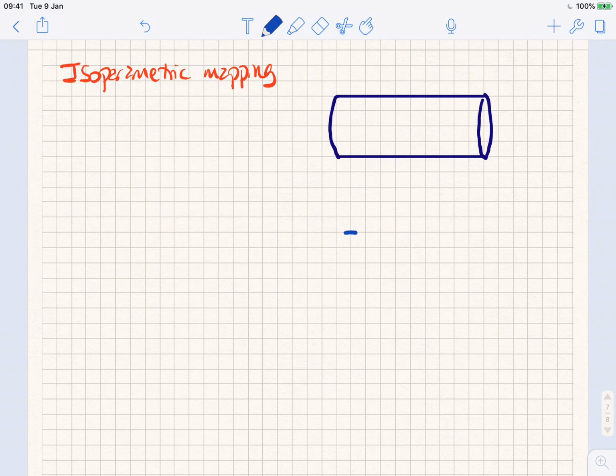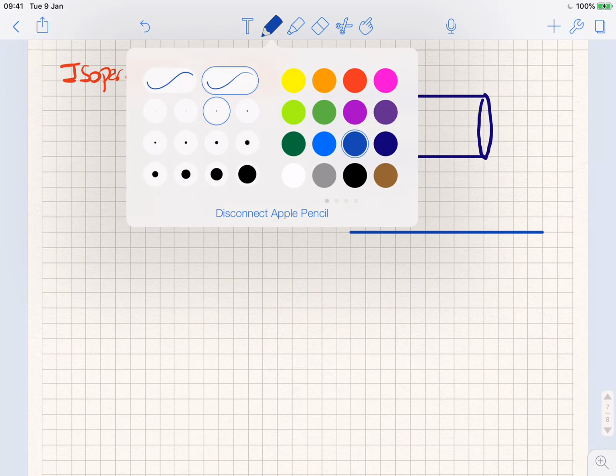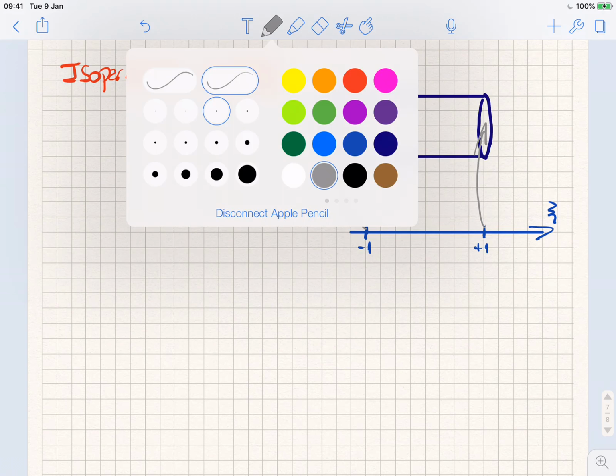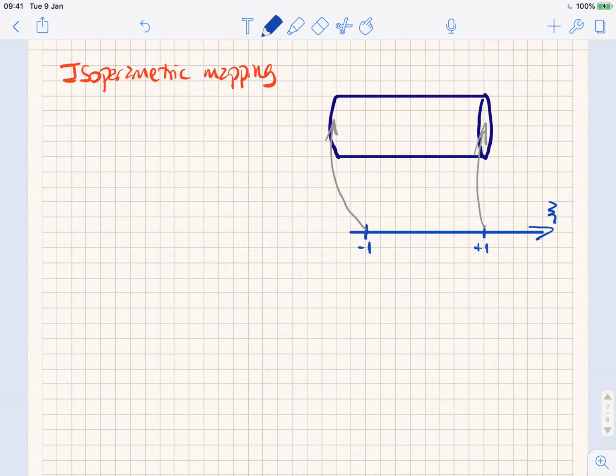And what we said is that there's going to be a relationship between C and X that is defined by our mapping. And we're going to call this mapping Q.